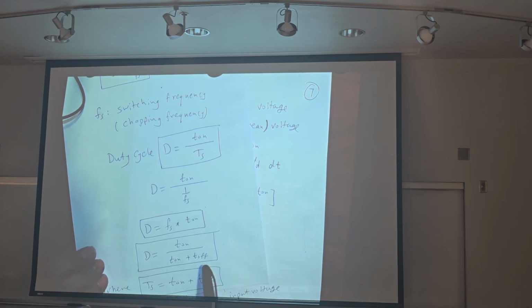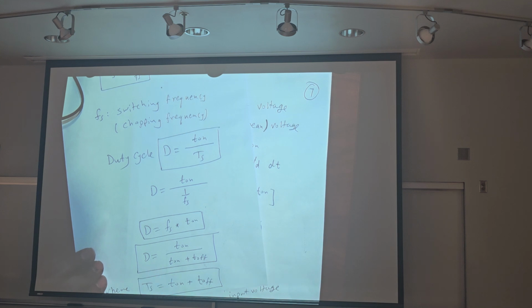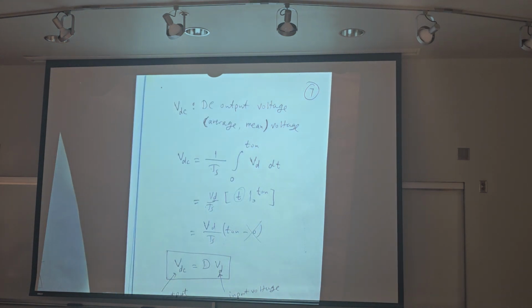If T off is 0, it will be 1. So the duty cycle is from 0 to 1, maybe 0.5, 0.4, 0.6. If the input voltage is 100 volts and duty cycle 0.5, V out will be 50.